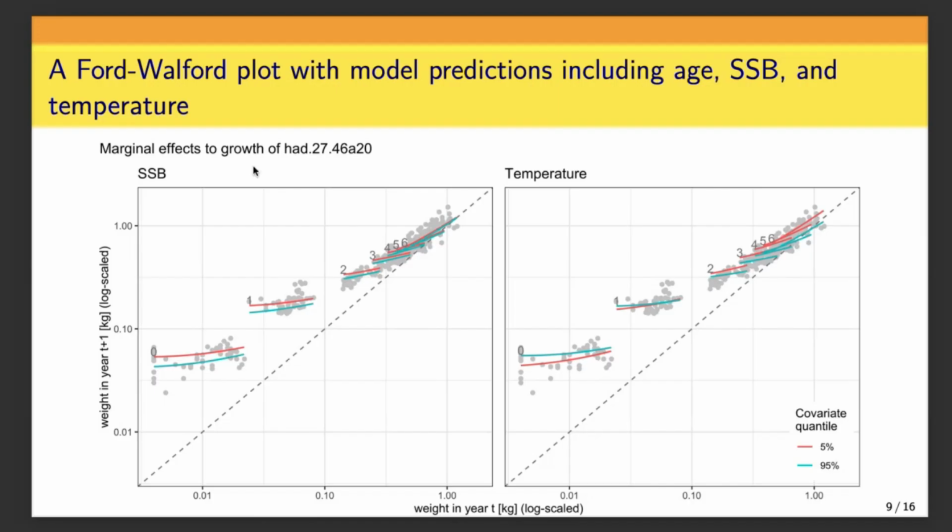And the extra dimensions we have displayed are SSB in the left panel. So red is a low SSB, and green is a high SSB, so the higher SSB is closer to the 1-to-1 line and therefore a lower growth rate, as you'd expect from density dependence.